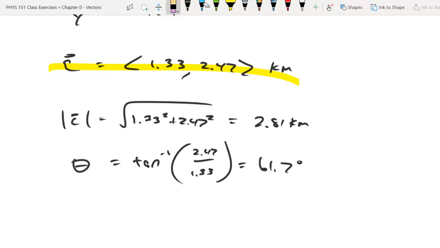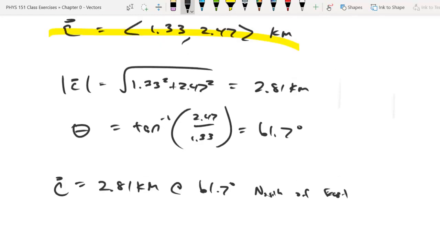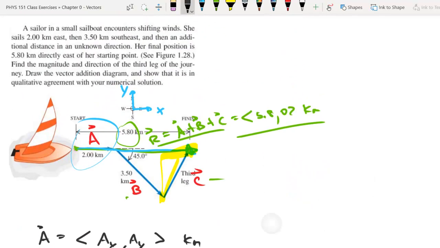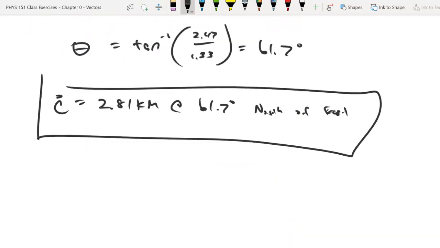So vector C would be 2.81 kilometers at 61.7 degrees, which is perfectly fine. You can leave it at that, or you can say north of east for anybody that might be a sailor. Then this is your bearing, right? So north of east, I had my east, and I go north of that, so that's the standard position angle there. But yeah, so this is her heading to get back to the finish line.